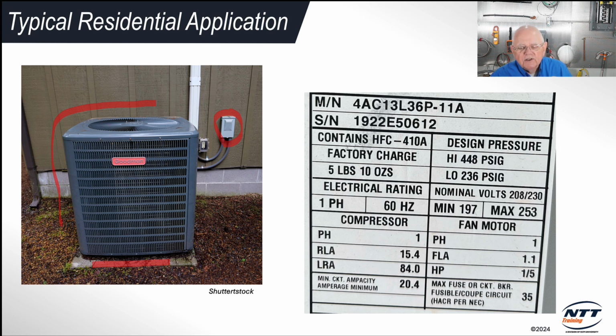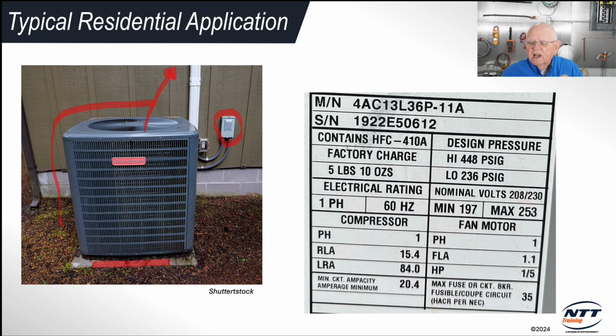Inside of the condensing unit, I've got two motors. I've got my hermetic compressor, probably down on the bottom, and up near the top I have another fan, that condenser fan, that's blowing that air out of the unit and removing the heat from the building. And so let's take a look at the nameplate on a unit like that.